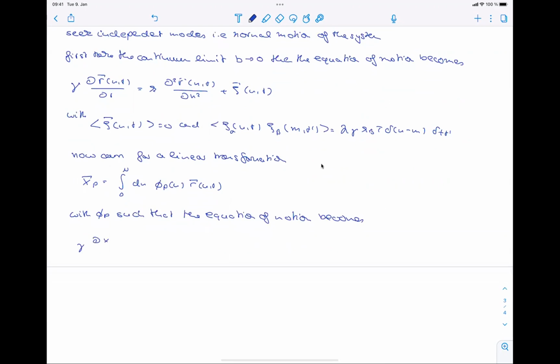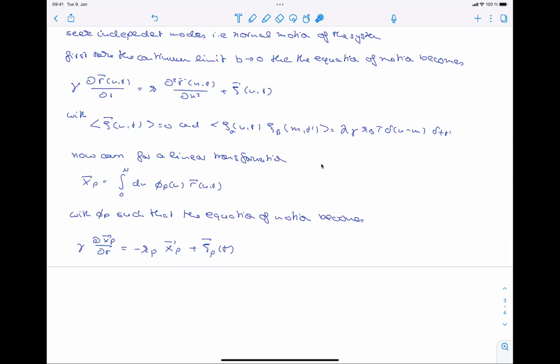So we want dX_p/dt to be, sorry, a new spring constant, which is now acting linearly directly on X_p, plus a new noise term. So this would be a linear formulation, from which we can determine the dynamics of the normal modes.